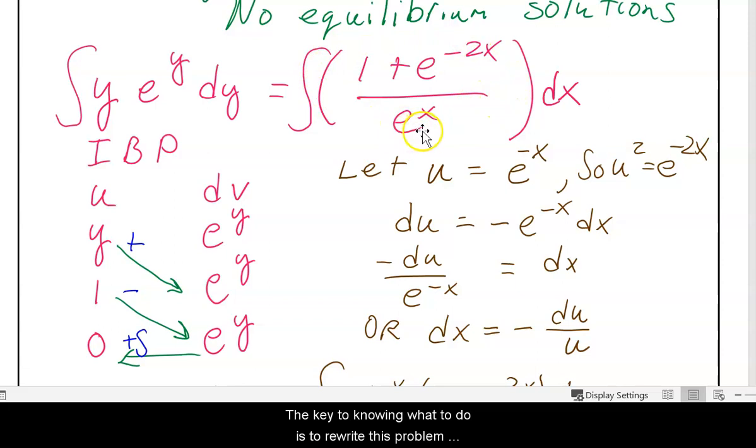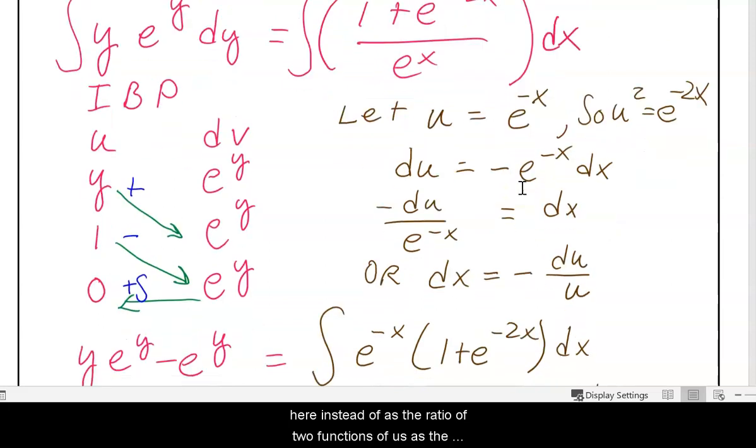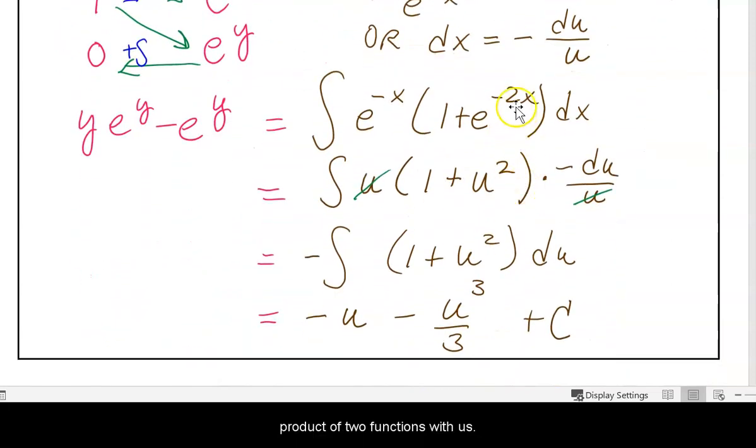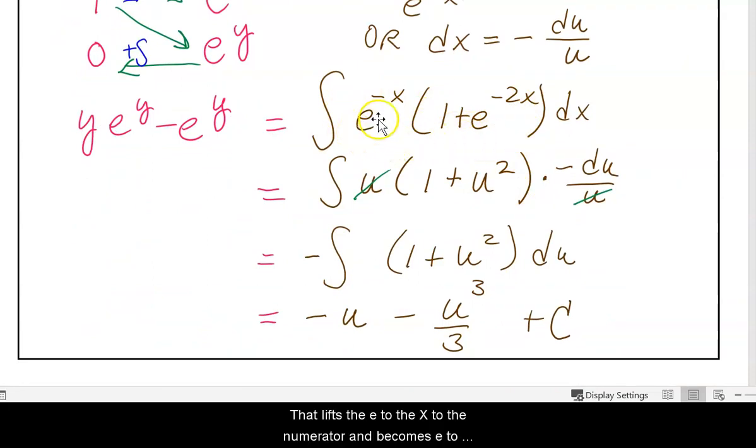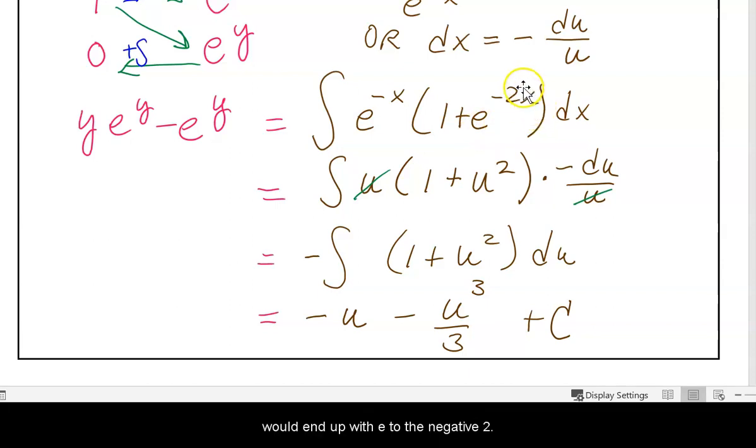The key to knowing what to do is to rewrite this problem here instead of as the ratio of two functions of x as the product of two functions of x. That lifts the e to the x to the numerator and becomes e to the negative x. Then you need to recognize that if you squared that, you would end up with e to the negative 2x.